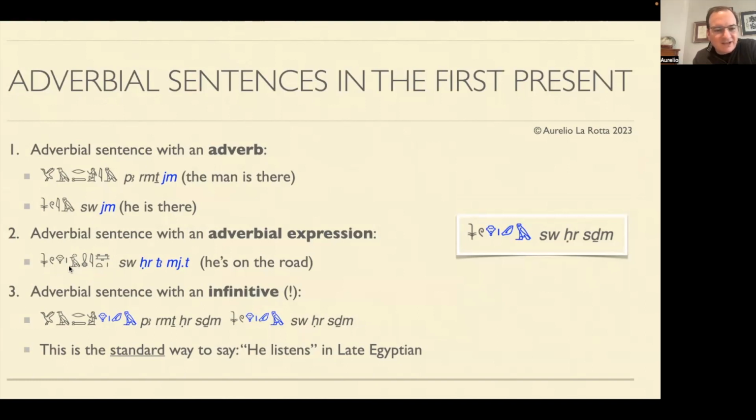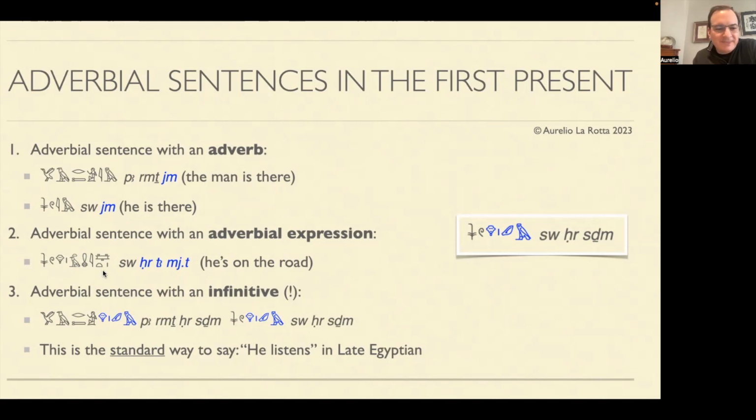So su tamid, he is on the road or on the way, on the path, however you want to translate it. Both of these are adverbial sentence structures, and they are in the first present. Nothing special is indicated about, like, past relative to what we're talking about, or future or whatnot.